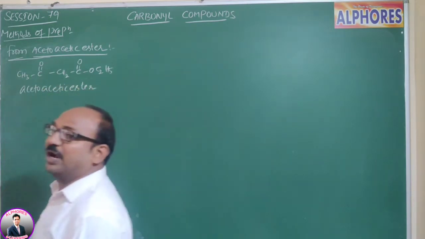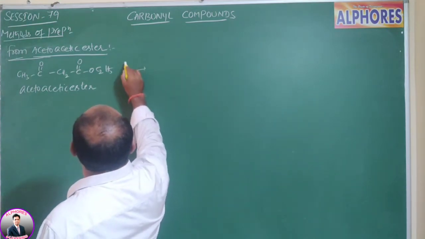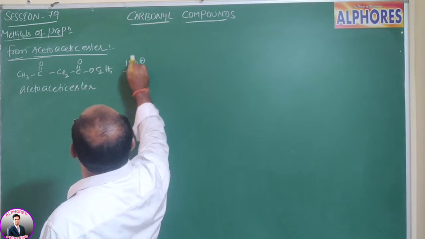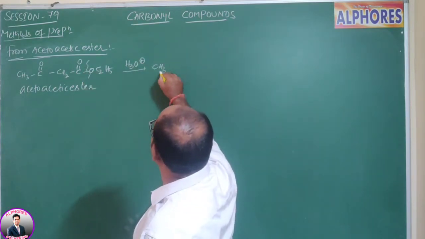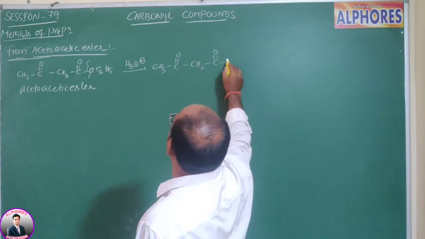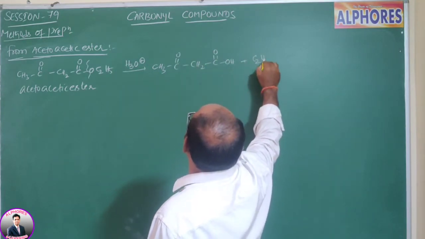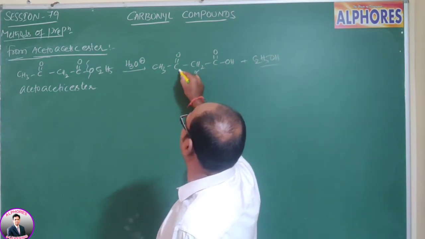Acetoacetic ester upon hydrolysis. During hydrolysis, ester cleavage takes place. Then we are getting CH3, C double bond O, CH2, C double bond O, OH, and ethyl alcohol. So ethyl alcohol comes out here, and we are getting alpha, beta.